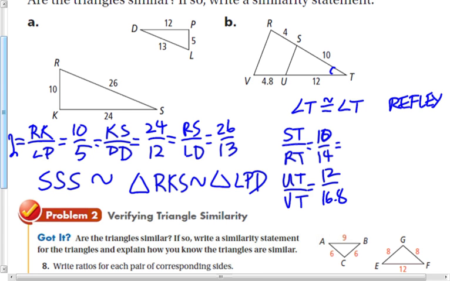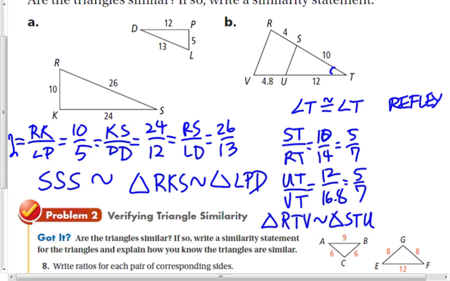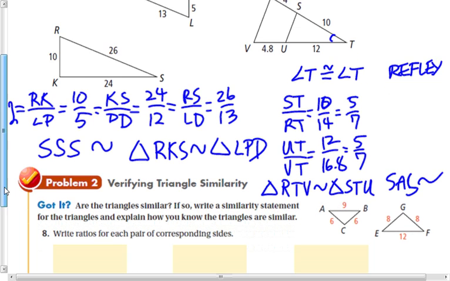Let's just simplify those ratios. We get 5/7 here, and we get 5/7 here. So ratios of corresponding parts are equal on two sets of sides. So we can say that triangle RTB is similar to triangle STU. And our reasoning would be the side-angle-side similarity. All right, you try that.